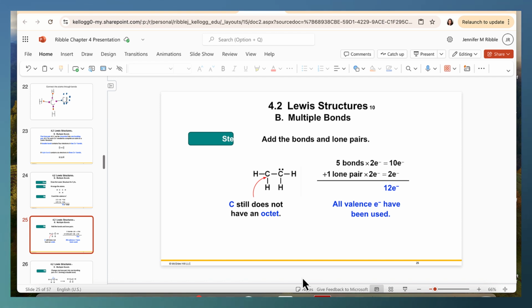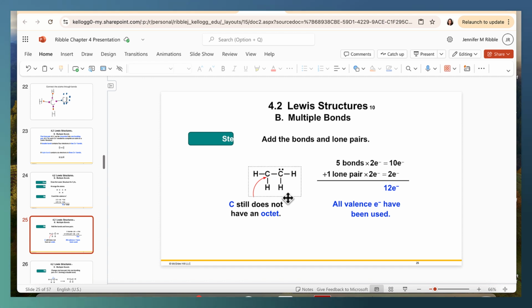Okay, and then the next thing you're going to do is connect everything, right? So you know that everything has to be connected. So if we draw all of our connections, we can count how many electrons each thing sees. So this hydrogen right here sees 2, 2, 2, and 2. So those hydrogens are all good. If we look at this carbon, it sees 2, 4, 6.